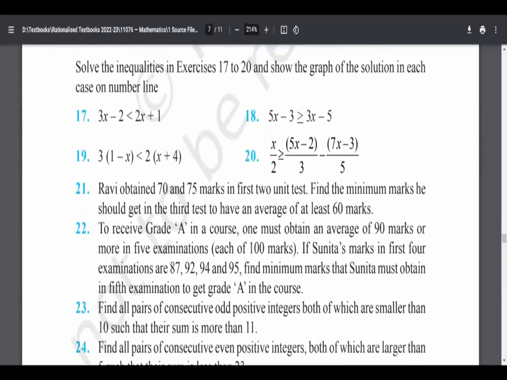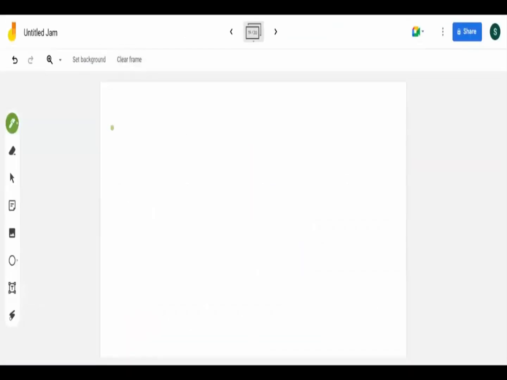Now question number 19 is also very similar. What we have to do is open the bracket, simplify, draw the number line. If we open the bracket of question number 19, we get 3 minus 3x is less than 2x plus 8. 2 times x plus 4 is 2x plus 8.